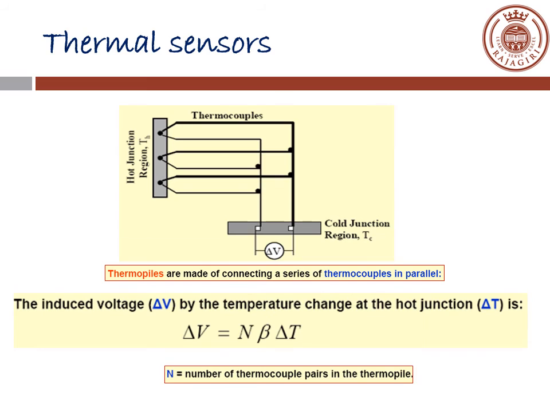Okay, now coming to the next kind of sensor, it is known as thermopiles. Okay, so why we are going for the thermopiles is that one of the drawbacks of the thermocouple is that when the size of the wires and the bead decreases, the voltage generated also will be very less, so it will be difficult for the proper monitoring of the temperature.